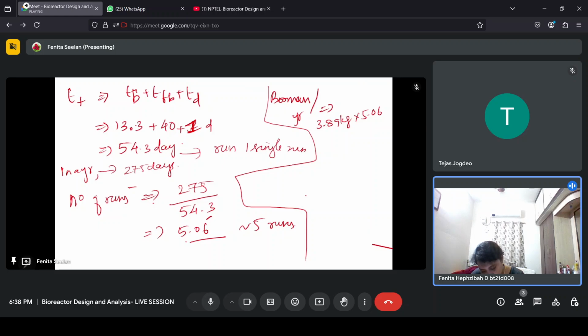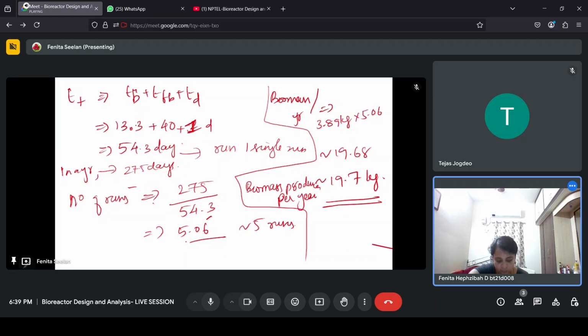It's around 19.68, so we can put it as 19.7 kg. So the biomass produced per year would be 19.7 kg. Let's move to the next question.